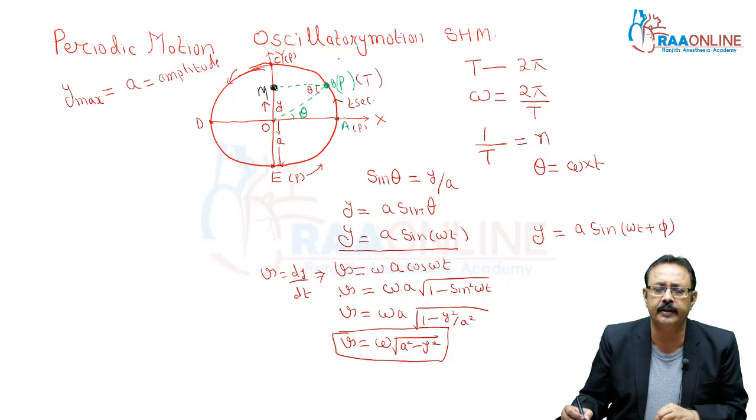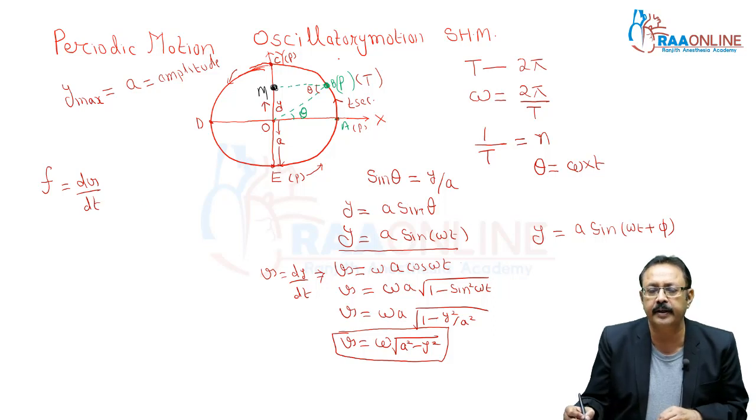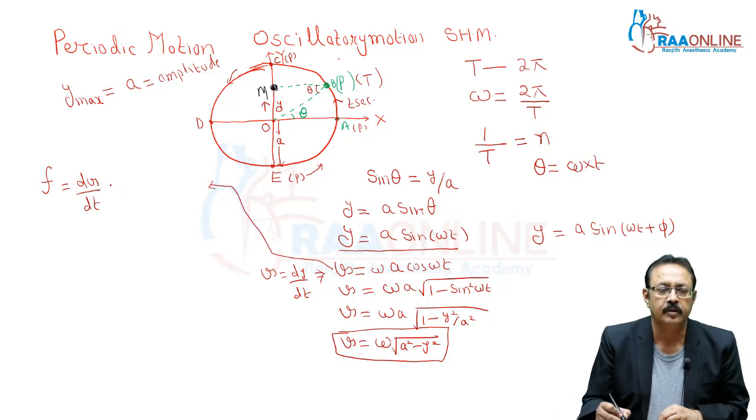If you differentiate this v, you will get acceleration. If I denote acceleration by F, F means dv by dt. But what was v? V was omega A cos omega t. So I am using this relation: F is d upon dt of A omega cos omega t.